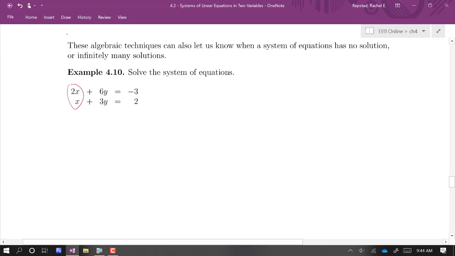So if I leave the top equation alone and multiply the bottom equation by -2, that gives me -2x minus 6y equals -4. Then those x's are equal but opposite in sign. I've got a 2x and a -2x.